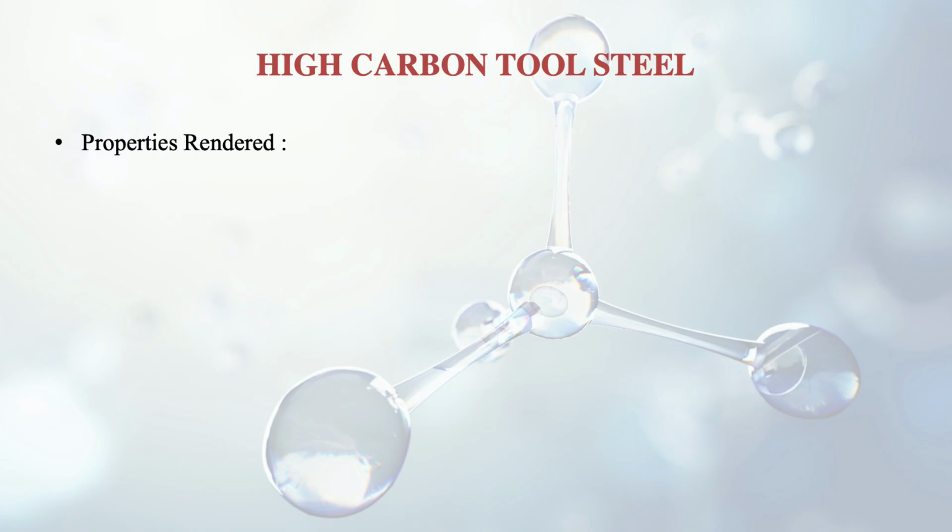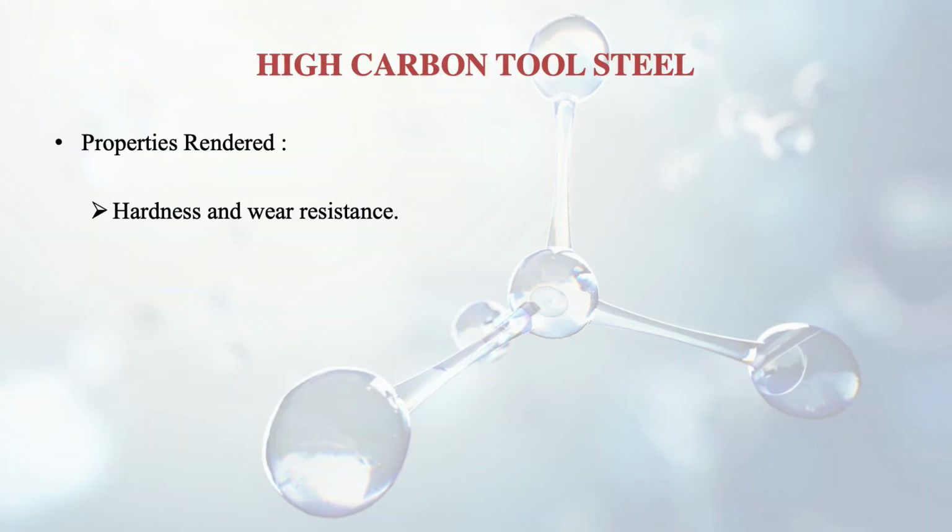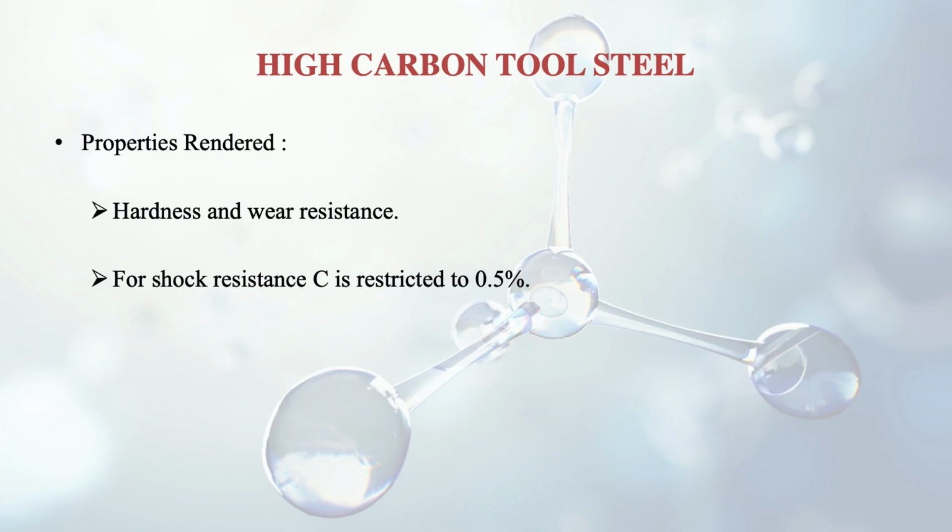And what are the properties of these high carbon tool steels? Like I said before, hardness and wear resistance are among the main properties, and then it should have shock resistance also, because suppose you are working on a lathe, when you are cutting something, vibrations and shocks will be there, so it has to have shock resistance. For that, carbon is restricted to 0.5%.